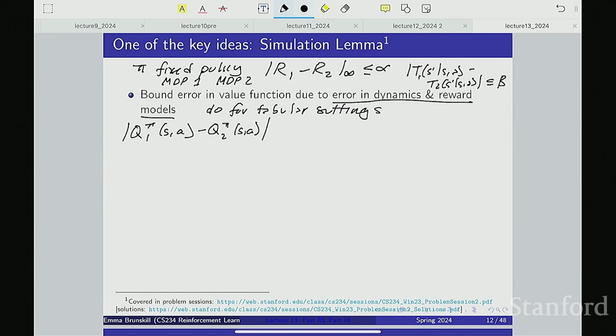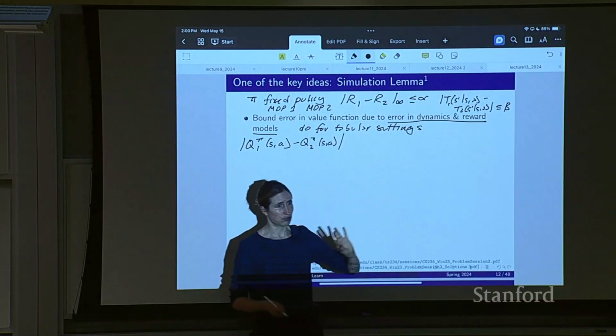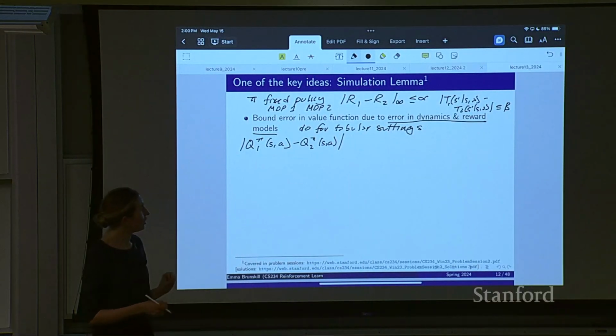The reason this is important is that in general, R1 and R2 are going to correspond to our uncertainty. If you think back to the Hoeffding inequalities I told you about, we talked about how our empirical estimate could differ from the true estimate by a bounded amount. So R1 could be our empirical estimate of the reward, and R2 could be the true unknown one, and Hoeffding can give you an upper bound on what that alpha is.